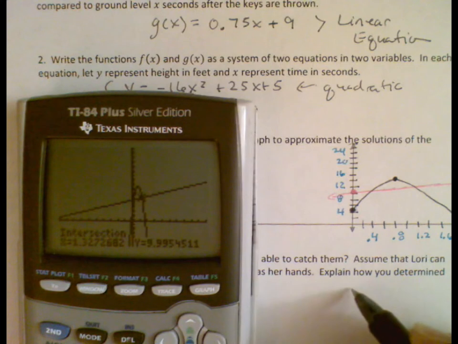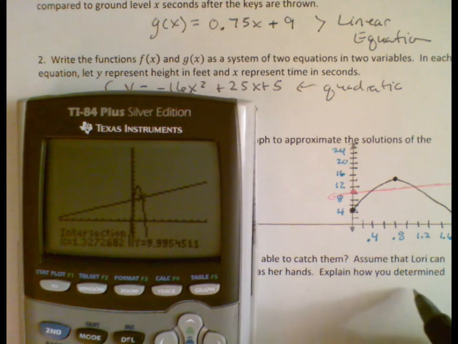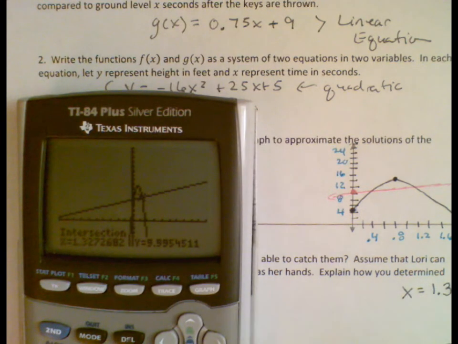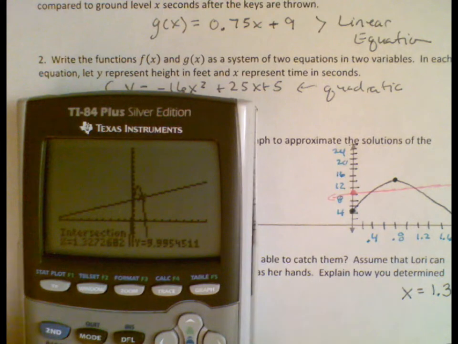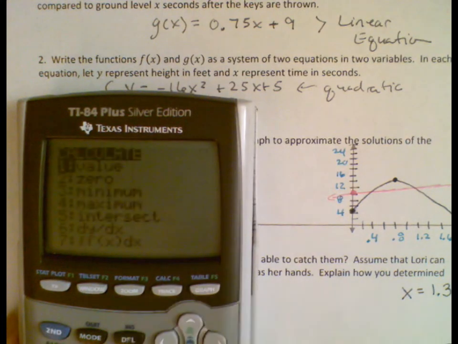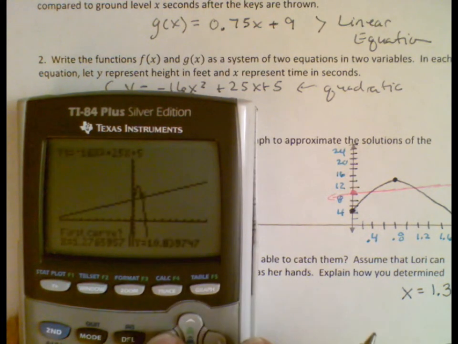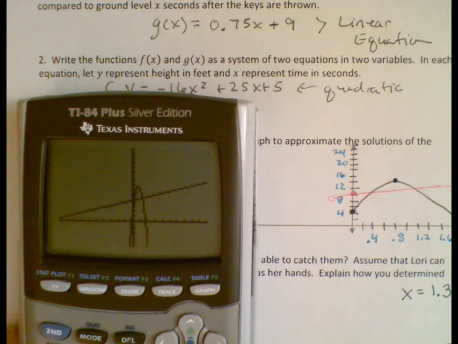So I'm just going to put this down here. So that was this one over here. Okay, now I'm going to do it again. Second, trace, intersect. And I'm going to come over to this left intersection point and hit enter 3 times. And that x is about 0.2 if I round it up.